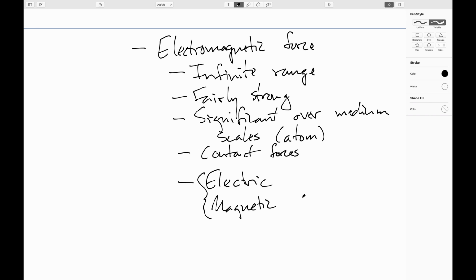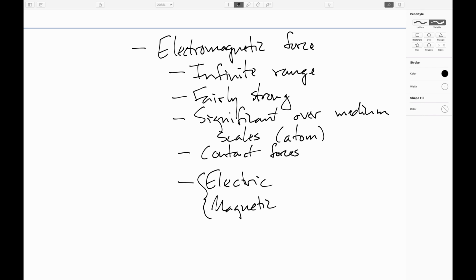Near the end of the 19th century, specifically around about the 1870s, as a culmination of a bunch of work where there were experimental hints that the electric and magnetic forces were two aspects of the same thing, the theoretician James Clerk Maxwell, a Scottish physicist, was able to demonstrate that the electric and magnetic forces actually were two aspects of the same thing.